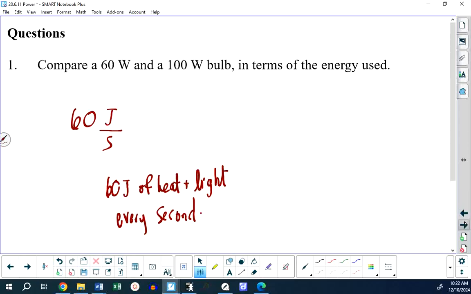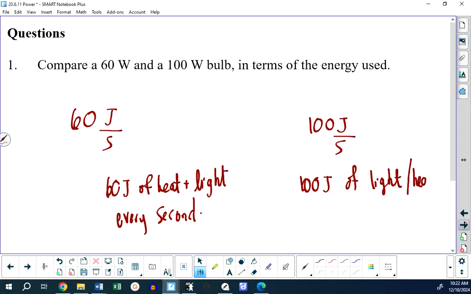Of course, then, for the 100 joules per second, you can simply replace this idea with 100 instead of 60 of light and heat each and every second. And again, with these particular bulbs, the bulbs are always rated with the amount of electrical energy you use.